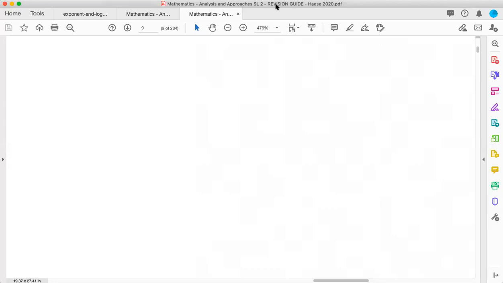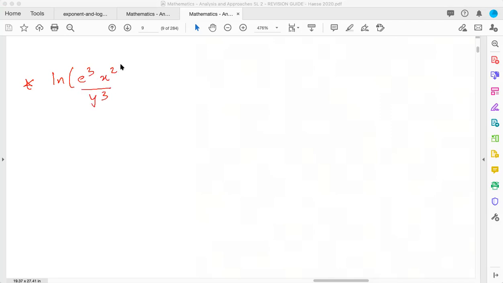So let's take some examples now. For example, if you wish to simplify ln of e cubed x squared over y cubed, and you know that ln x is a and ln y is b, you have to write this expression in terms of a and b.